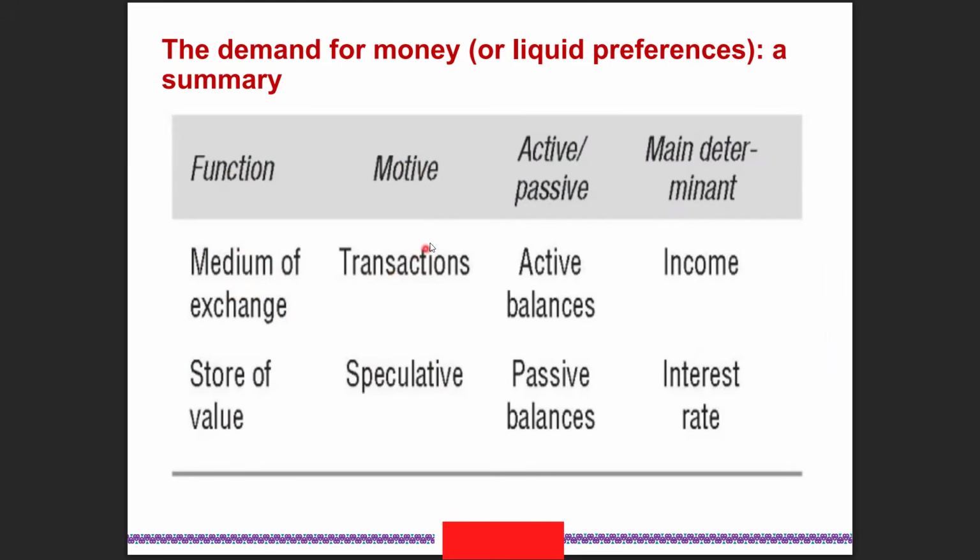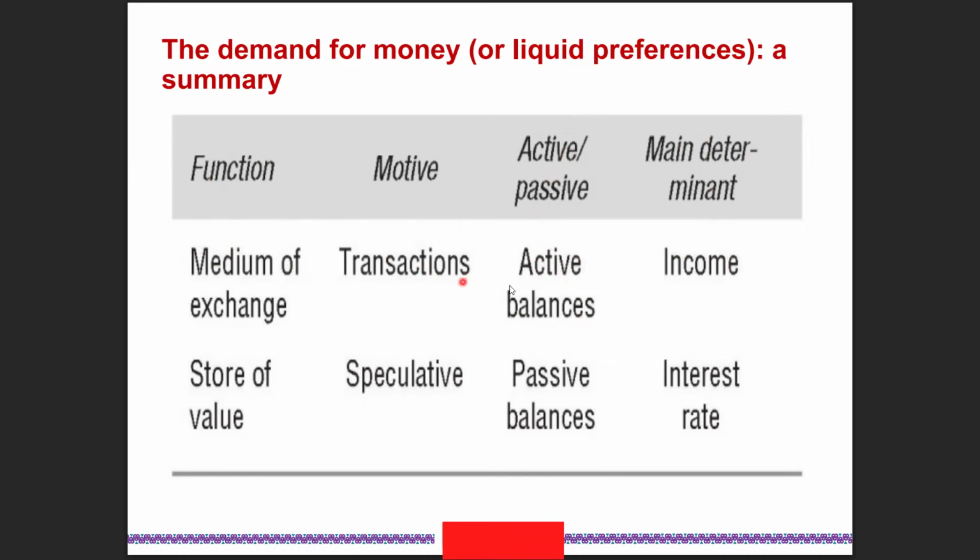Because with the transaction, we hold that money because we want to buy goods and services, right? And also for precautionary motive, if the need arises, then we're going to buy goods and services, right? So its function is the medium of exchange function. And this one falls under active balance together with precautionary motive, right?